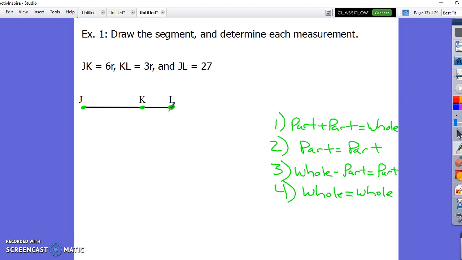So now we have a drawing. Josiah, what does number 2 say? Yeah, we have to label this drawing. And so right here it says JK equals 6R. So right here between J and K, I am going to put 6R on my drawing.